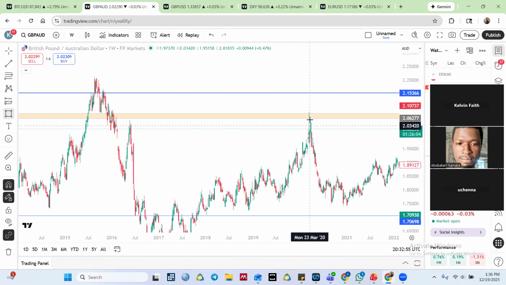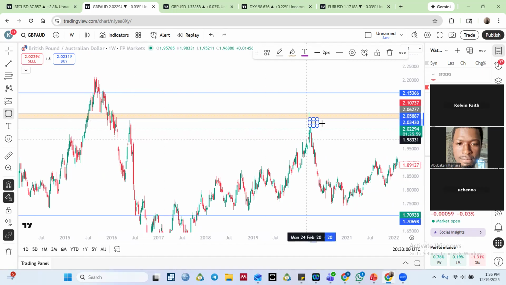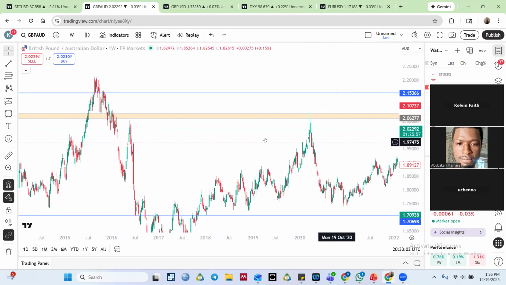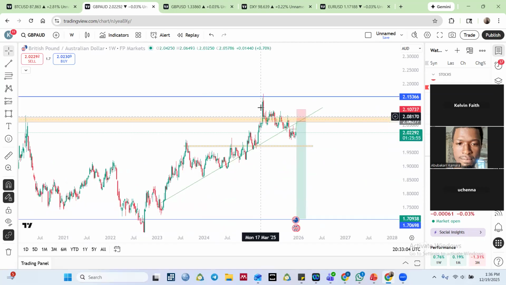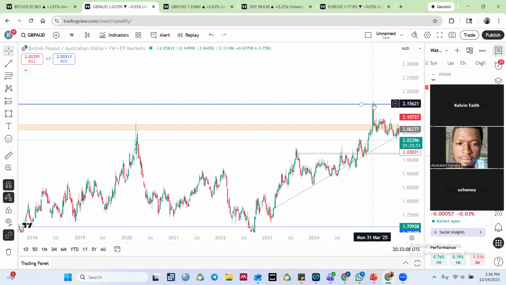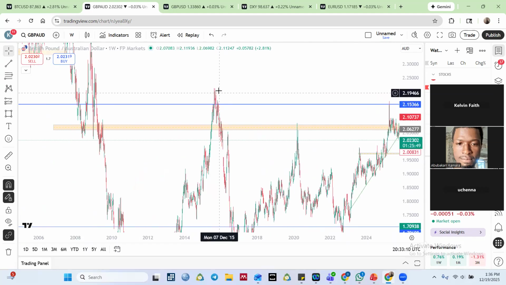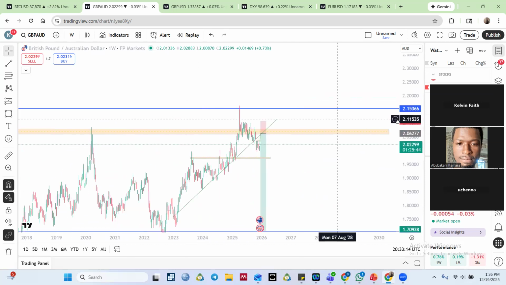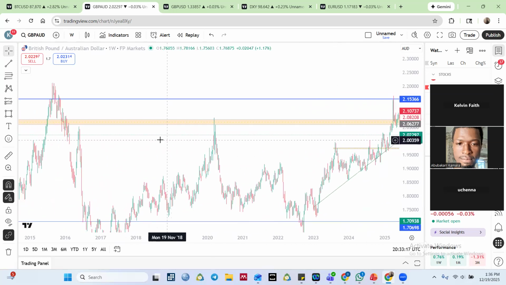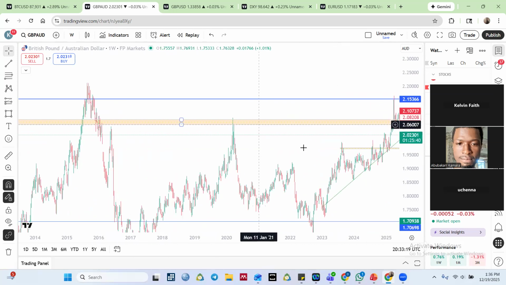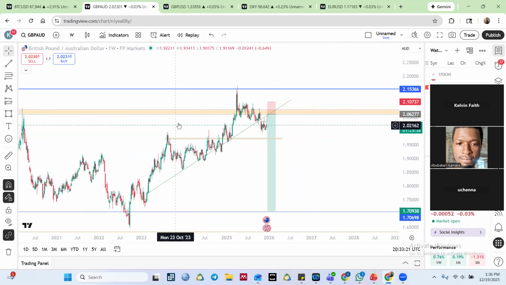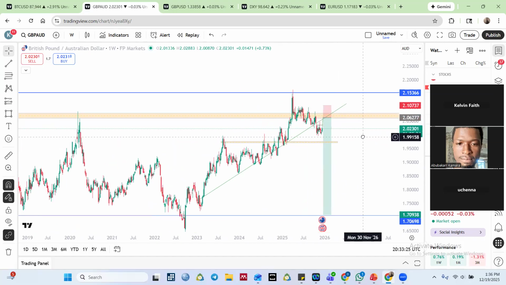Here too, sellers push price down from where I've put the yellow rectangle. Now price was able to go above the level into the top here where sellers were still active, because in the past sellers were active here. But I'm asking, inside the internal level here, if the market stays below this level, what do you think will happen?